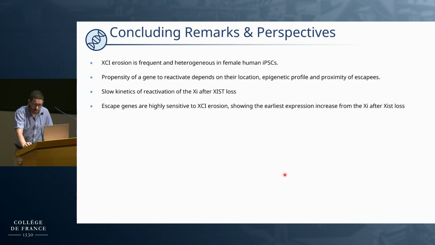So to conclude, I showed you that the X chromosome erosion is frequent yet heterogeneous in female human cells. I also showed that the propensity of genes to reactivate depends on several aspects: location, epigenetic profile, proximity of XKPs, etc. The kinetics of the reactivation of the inactive X upon loss of XIST was actually slow, so there is for sure a lot of epigenetic layers that resist in a gene-dependent manner for a while.